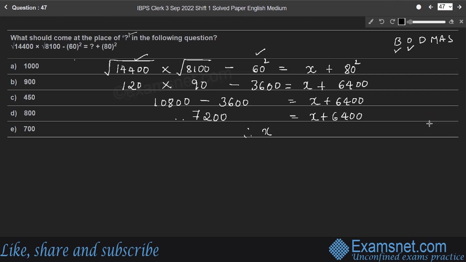Therefore, x is equal to 7,200 minus 6,400, which is equal to 800. Therefore, 800 should come in place of the question mark. Therefore, option D is the right answer.